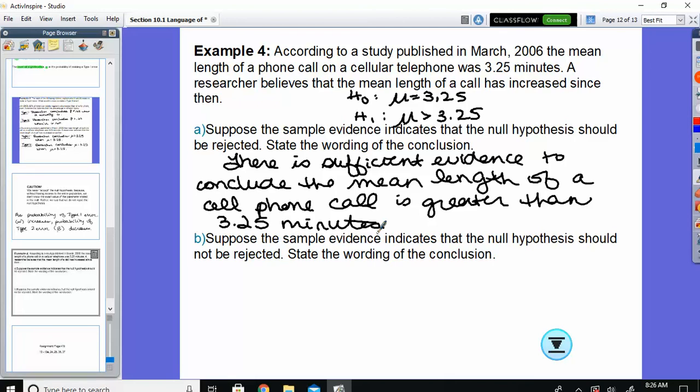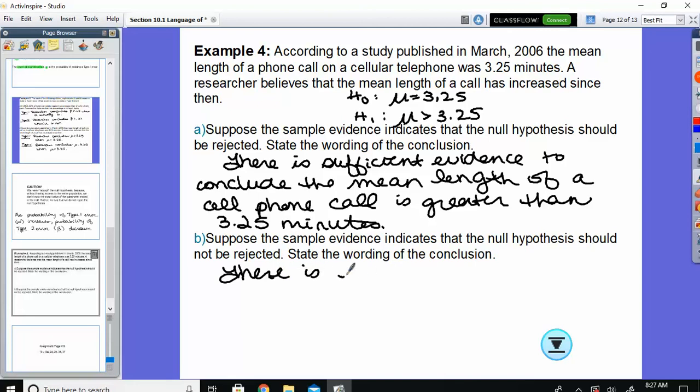All right, second one. Suppose that sample evidence indicates that the null hypothesis should not be rejected. That means I did not have enough evidence to believe that this is not true. That does not mean we accept it. We never accept the null. It just means that we failed to prove it was wrong.